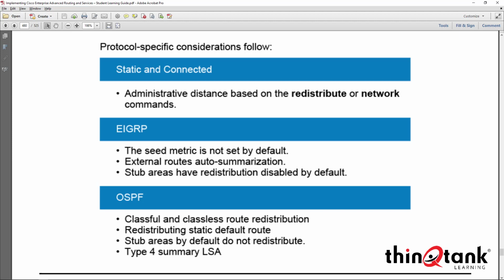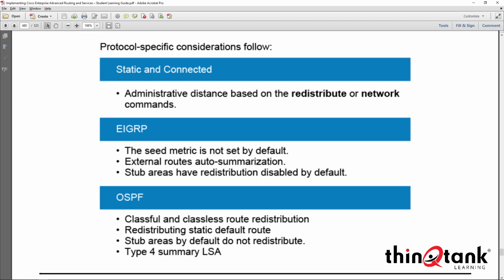All right. Now there are some protocol specific things to consider as well. Static and connected routes will have different administrative distance assigned. A static route, for example, will have an administrative distance of 1. Connected routes typically have an administrative distance of 0.